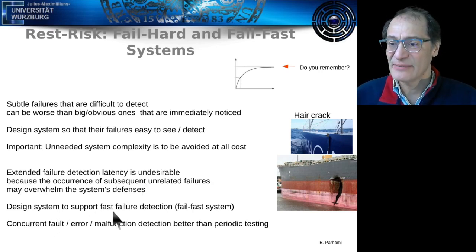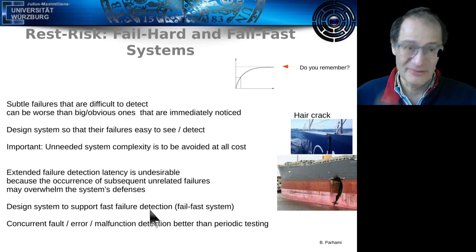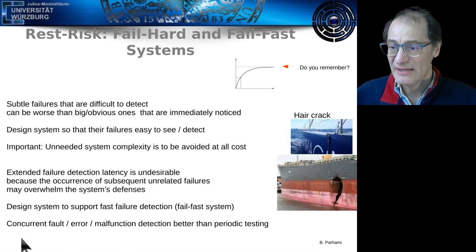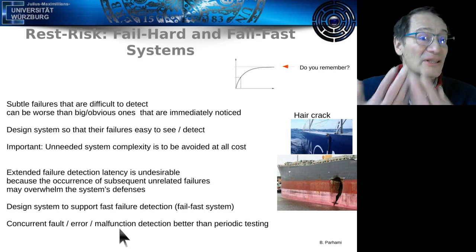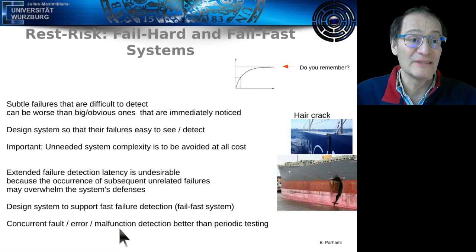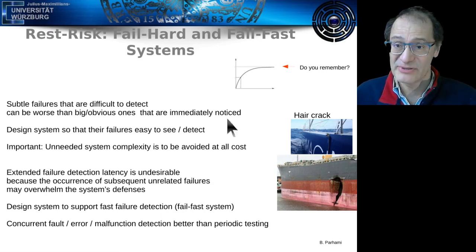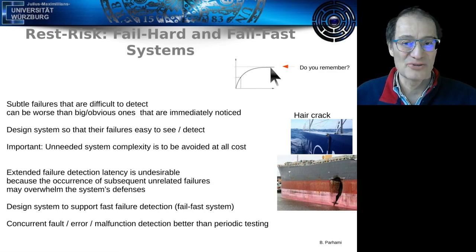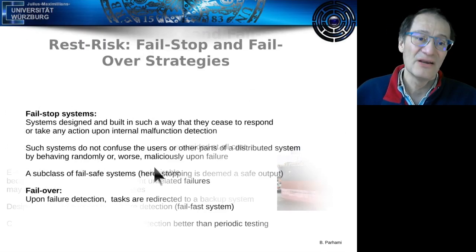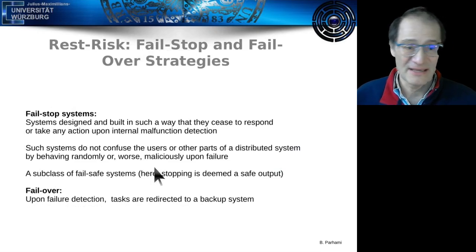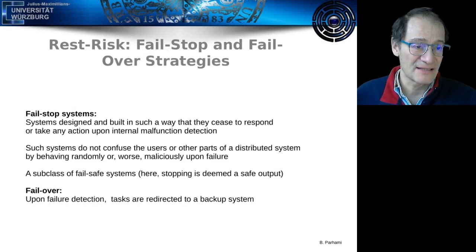And design the system to support fast failure detection. So if something is wrong, detect it as soon as possible, and try to have failure monitoring at the same time as the function is being produced. So remember, I assume we will have the failure. What can we do to reduce the probability of an accident or reduce the damage after the accident?